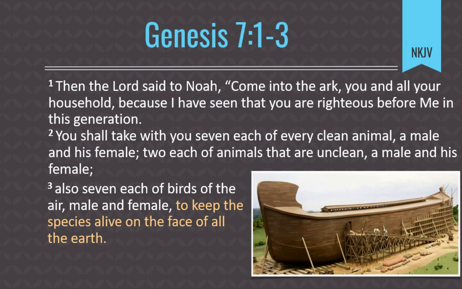So if the flood was local, then this massive ark bringing all these animals in would be completely unnecessary. It was a ridiculous building project for God to give to Noah.